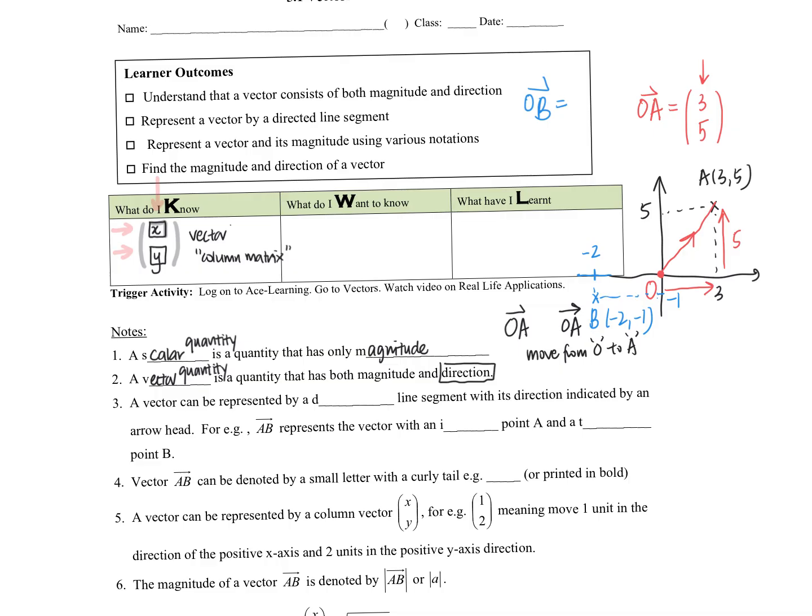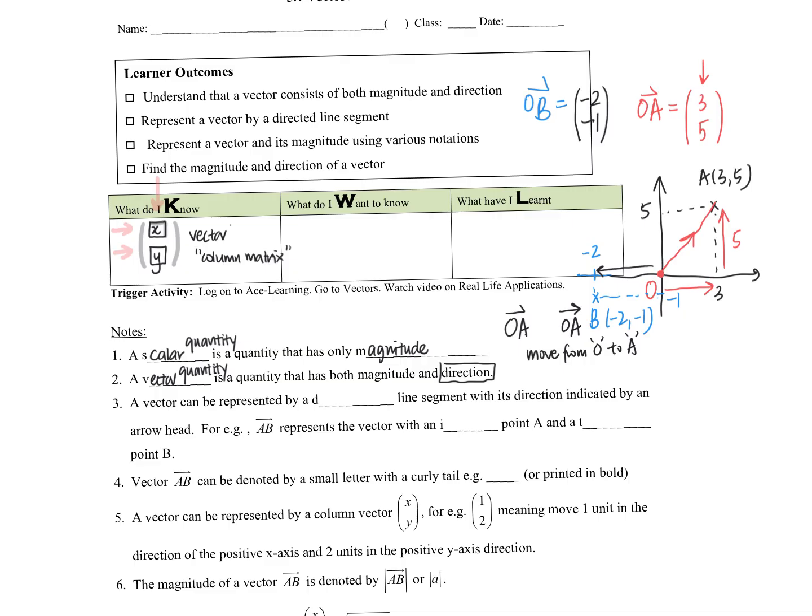So I need to move in the X direction 2 units to the left, so I write minus 2. And then I need to move down by 1 unit, so minus 1. So the numbers tell you how to move along your vector. Okay, so it has a direction.